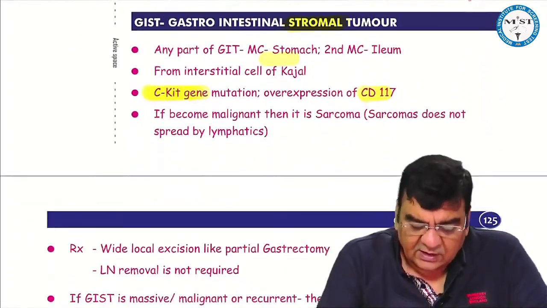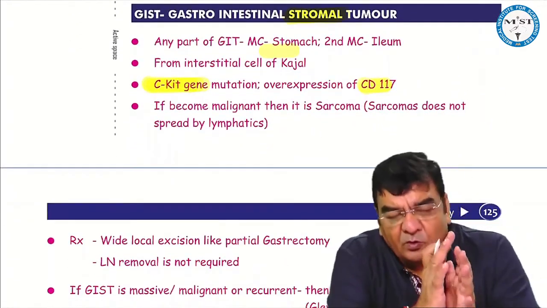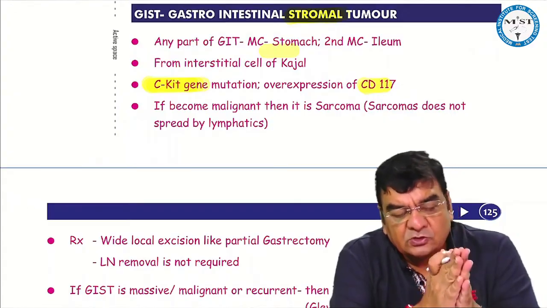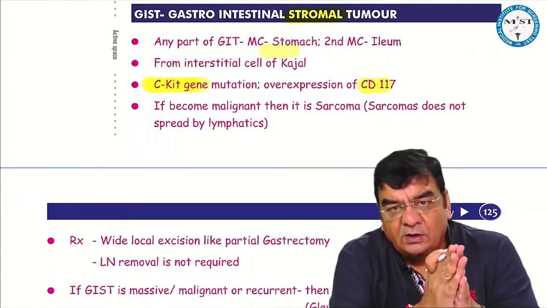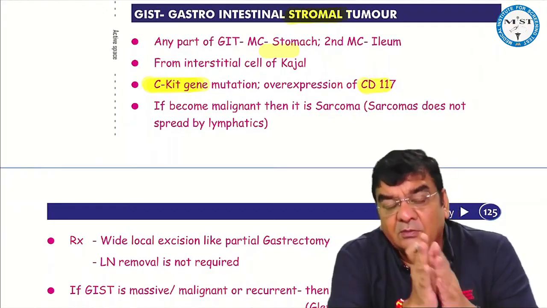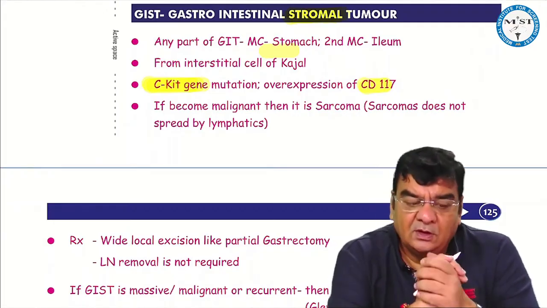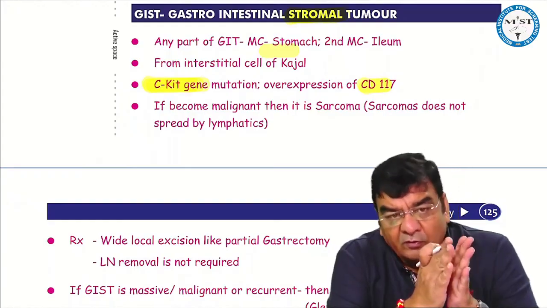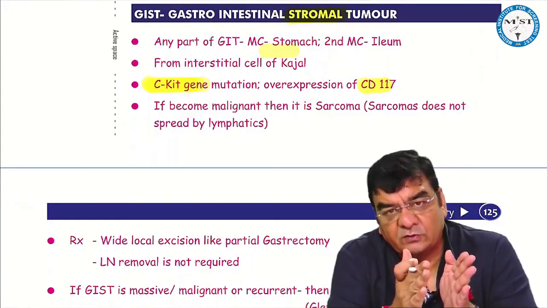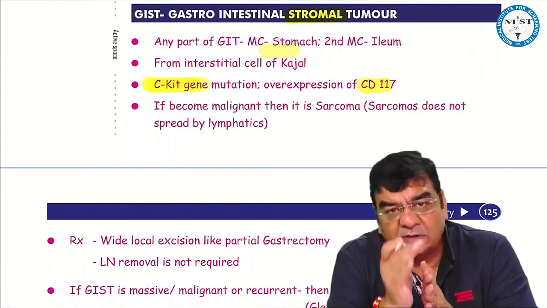Apart from these cancers, there may be some more tumors related to the GIT, like GIST, that is gastrointestinal stromal tumor. There can be gastrinoma. There can be carcinoid tumor. Now, GIST is not from the mucosa. It is from the supportive connective tissue of the mucosa, maybe submucosa or the muscle.